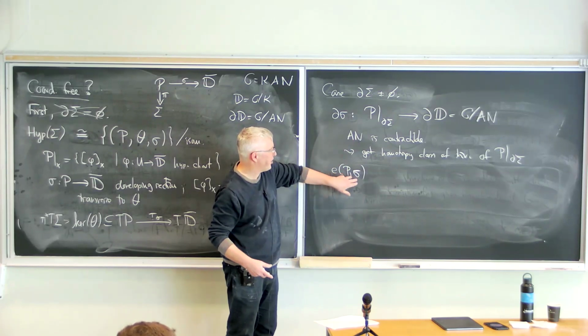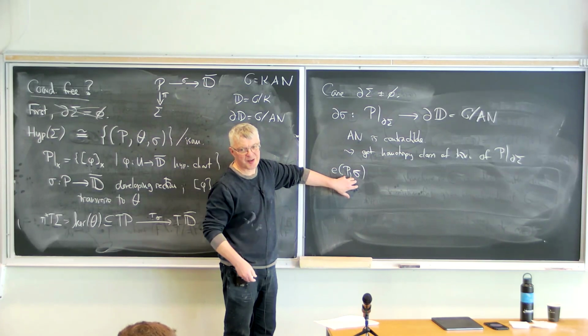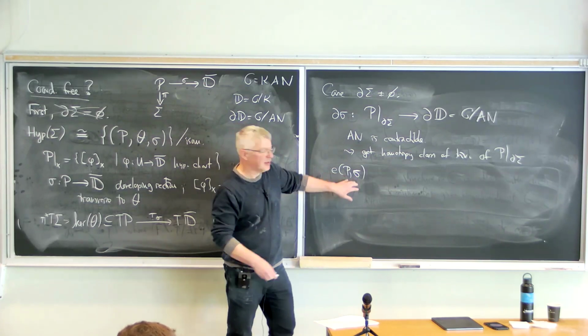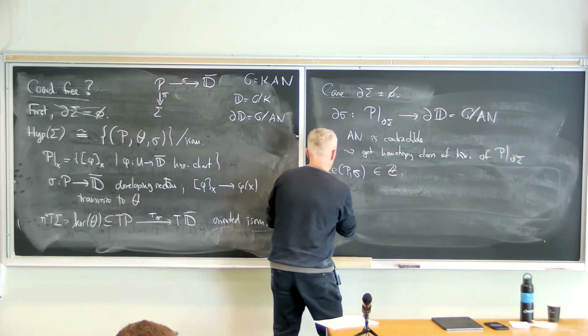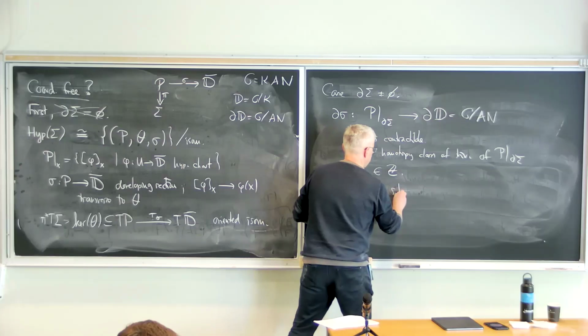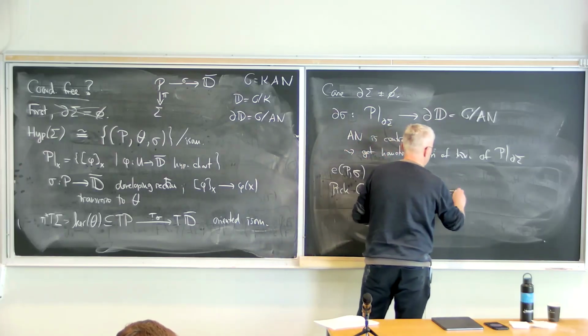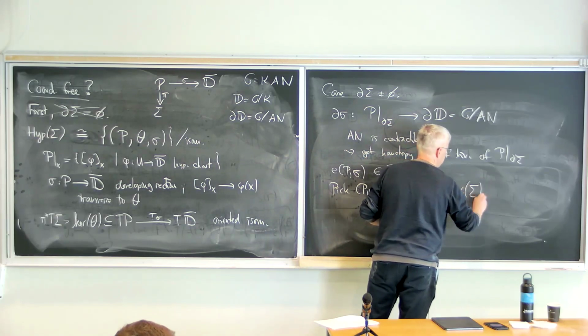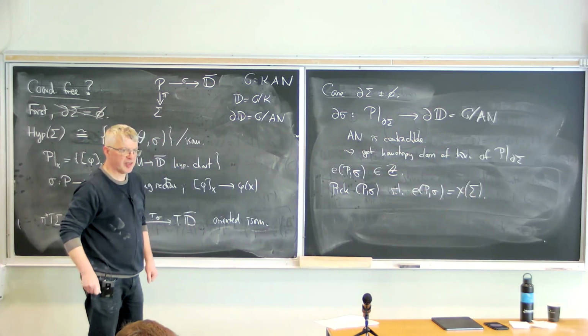So bundles together with developing section, up to isomorphism, are again classified by integers. And now we pick P sigma such that E of P sigma is equal to the Euler characteristic of the surface with boundary. So we have to make that choice.